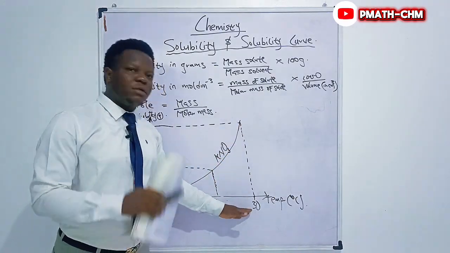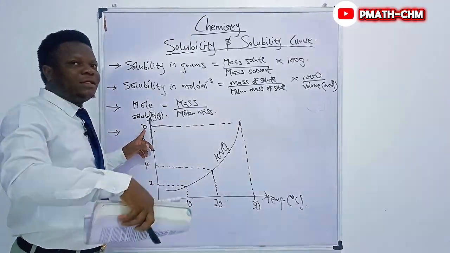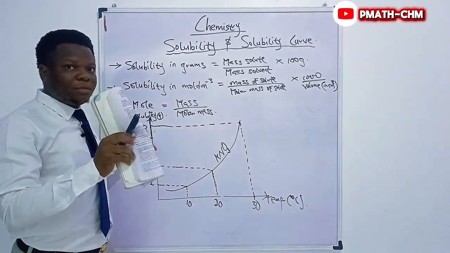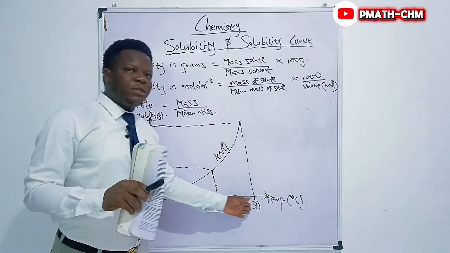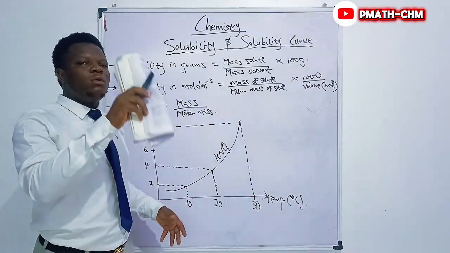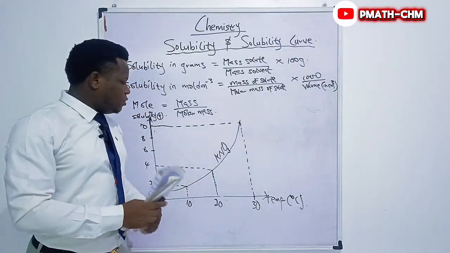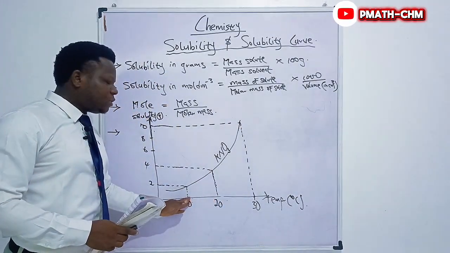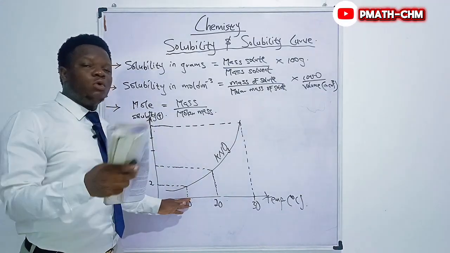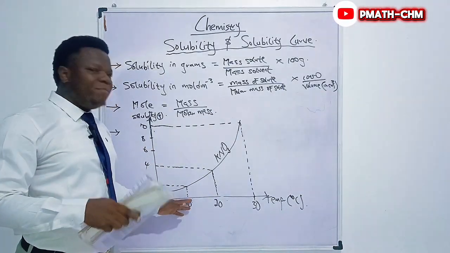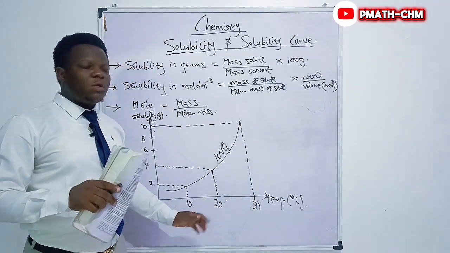Remember that at 30 degrees Celsius, the amount of salt dissolved inside the solvent is 10 grams. But as you cool the temperature from 30 degrees Celsius, have at the back of your mind that the solubility decreases. So at 10 degrees Celsius, the amount of salt that would be dissolved will be less than what was dissolved at 30 degrees Celsius.